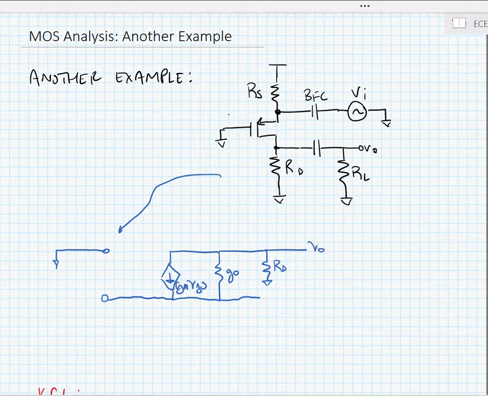We have the drain resistance. We shorted the big capacitors. And finally, we need to add our source resistance and our input.